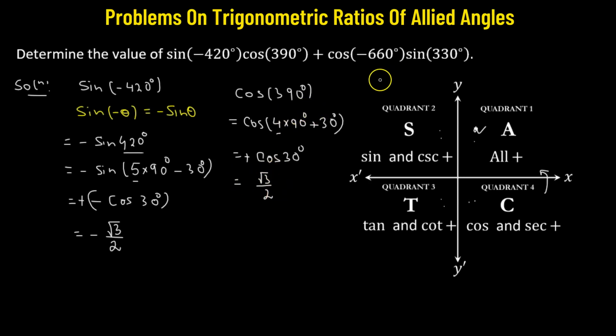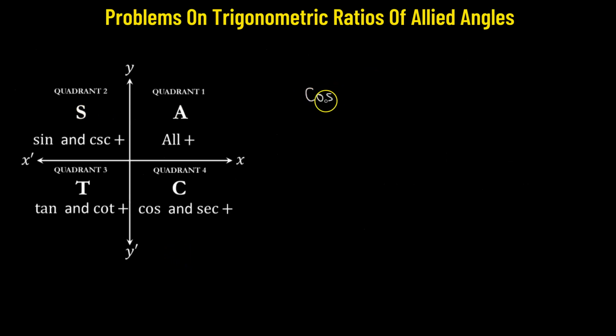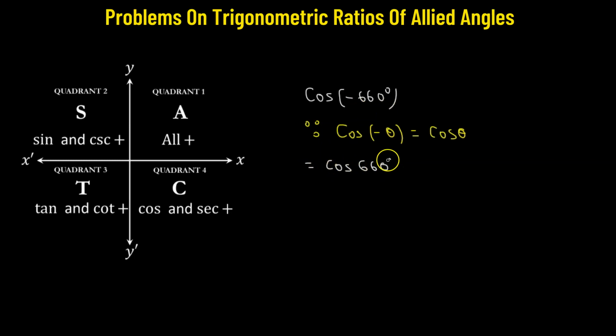So let's try to find out the value of cosine of negative 660 degrees. Here we are going to use the fact that cosine of negative theta corresponds to positive cosine theta, which means we can rewrite cosine of negative 660 degrees as cosine of 660 degrees.